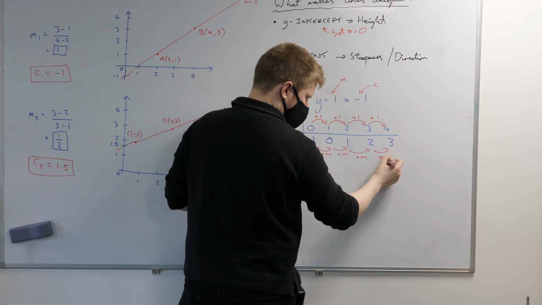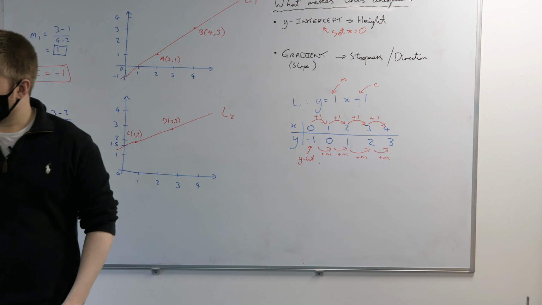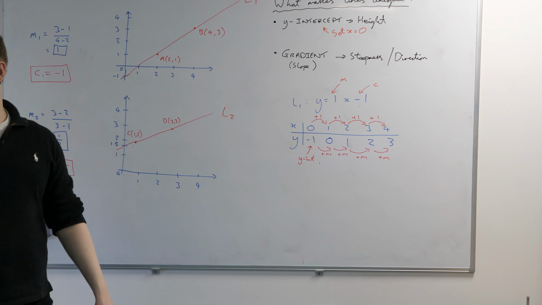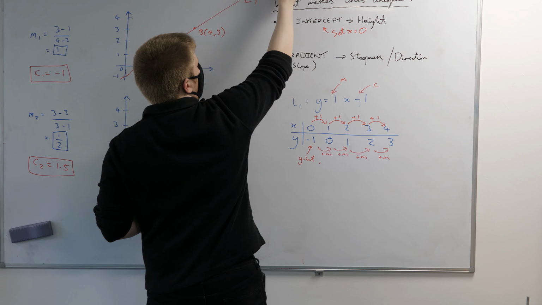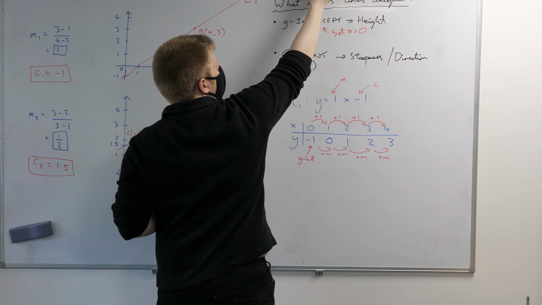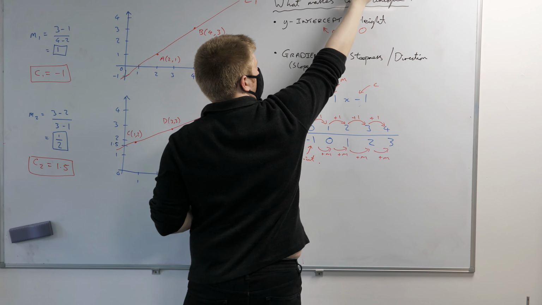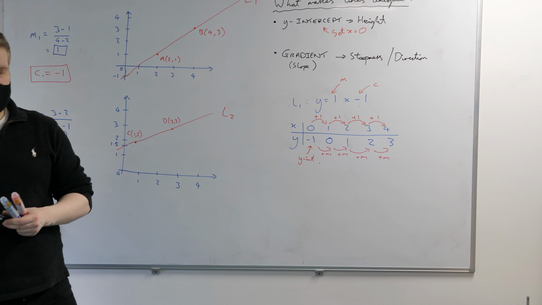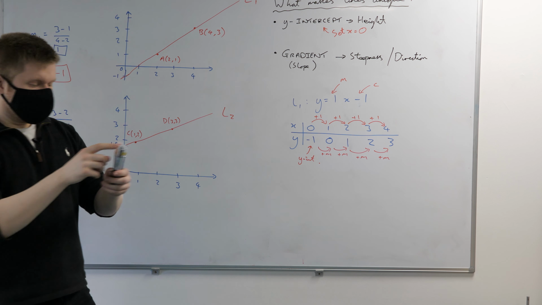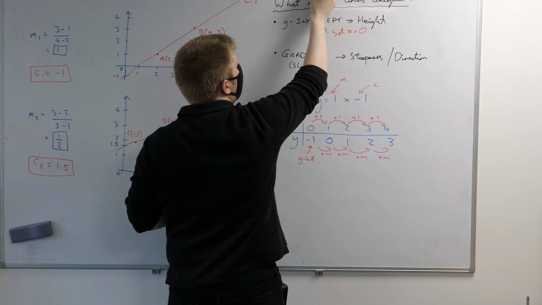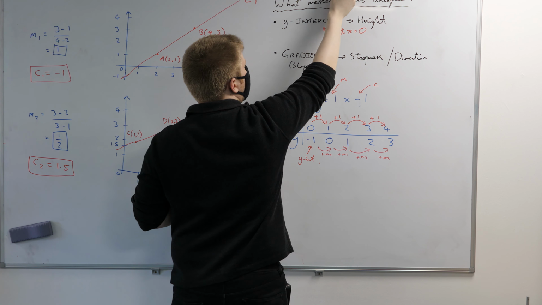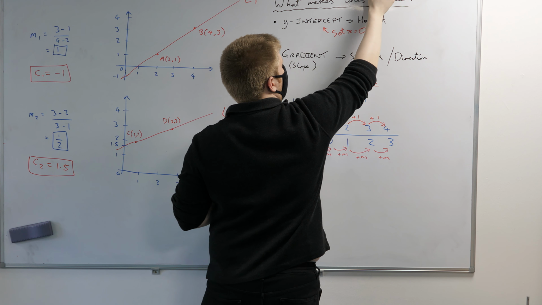So what I can say finally then is that the general form of an equation of a straight line is given in the form y equals mx plus c, where the m is the gradient and the c is our y-intercept.